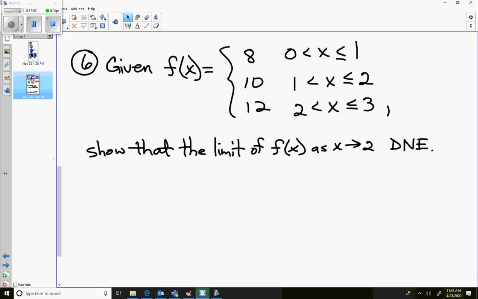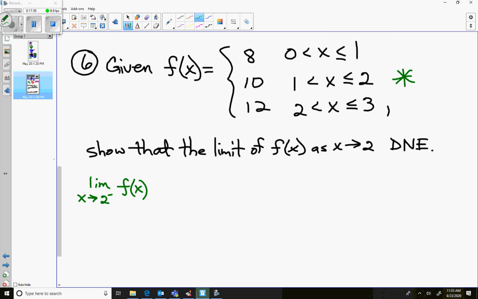All right, so the limit of f of x as x goes to 2. Well, once again, what we need to do is left and right-hand limits. So what is the limit as x goes to 2 from the left of our function? All right, well, where would I be if I'm approaching an x value of 2 from the left?